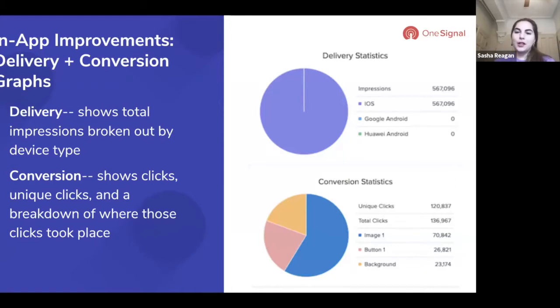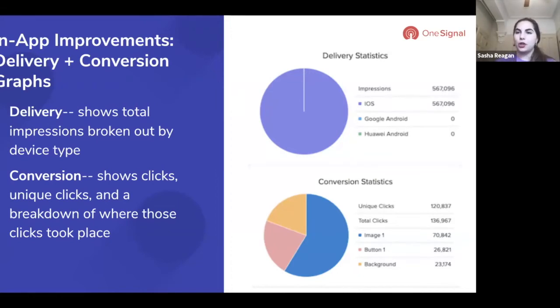There are 4 pieces when you're building an in-app message, which is text, image, buttons, or the background. And of those, you are able to click and link on images, buttons, and the background. So what we're able to do is show you a graph of, from the various images, buttons, backgrounds that you're using, where people are clicking or engaging.